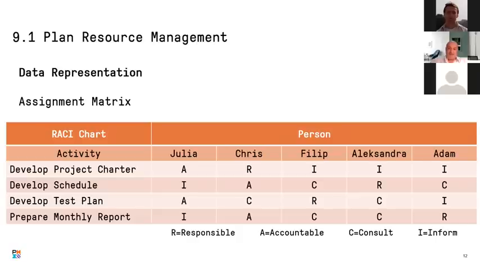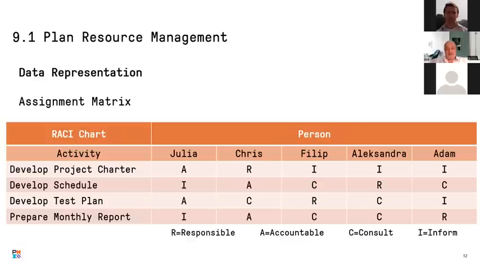And should it be only one A, or can there be more than one? It depends on the organization we have. If you remember from the first chapters, we have the functional organization, the weak matrix, the strong matrix.